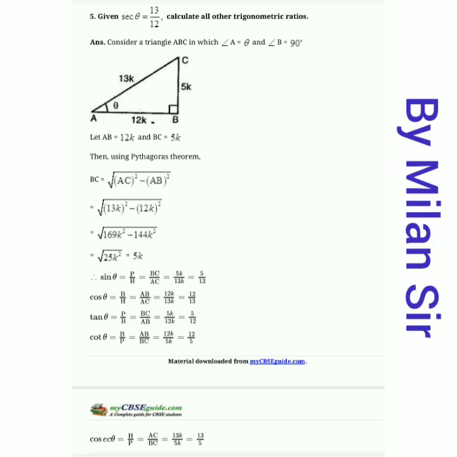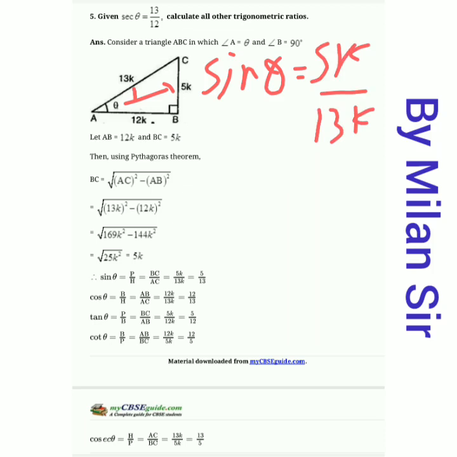Now start with sine theta. Sine theta is opposite side BC upon hypotenuse AC. So opposite side BC is 5k upon hypotenuse AC is 13k. K cancels, so sine theta is 5 upon 13.